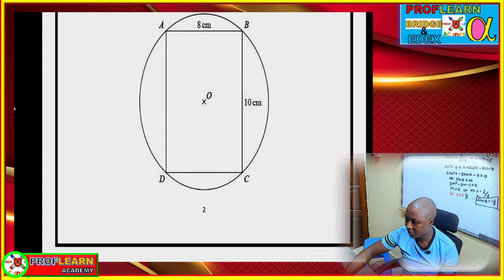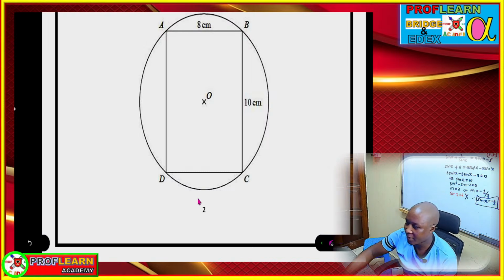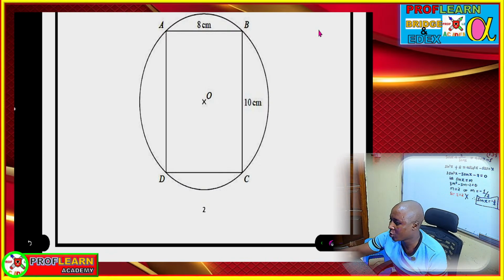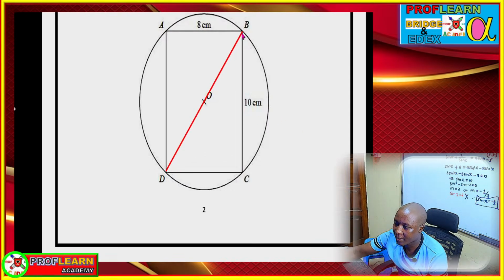So we need to work out the radius of that circle, and the radius in this case is basically half the hypotenuse, or the diagonal of this.